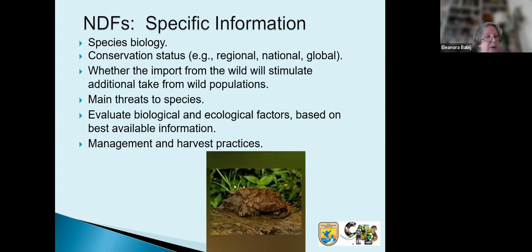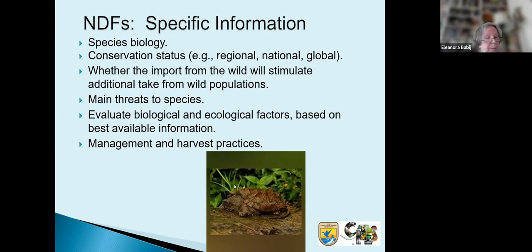We look at the species range, and this includes both historic and current range, population structure, status and trends in the harvested area nationally, and if it pertains to the application, internationally, the conservation status, and whether the import from the wild will stimulate additional take from wild populations. We look at threats. We look at historic and current species-specific levels and patterns of harvest and mortality from all sources combined.